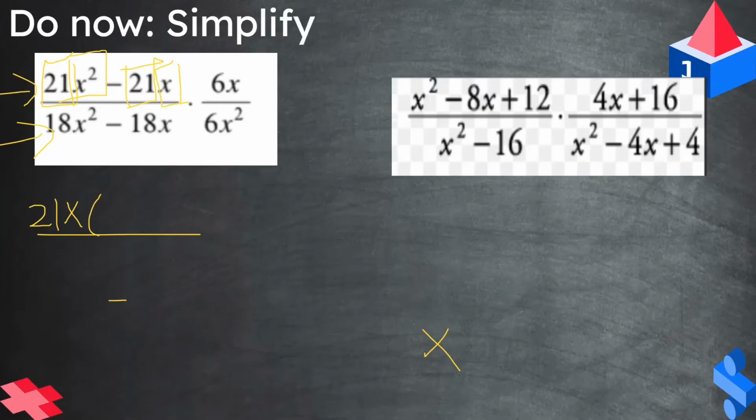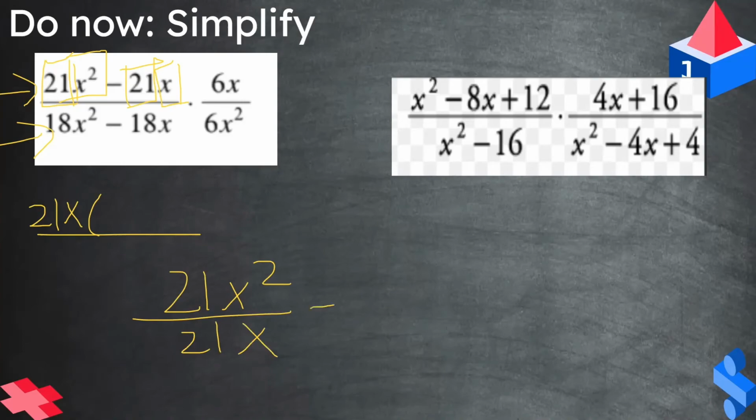If I divide the first term, which happens to be 21x squared, with my GCF, what do I get? x. Yep, we get x. How did we get x? Well, the 21s cancel out because 21 was a common factor. I have one at the top, one at the bottom, so they cancel out. I have x squared and an x.